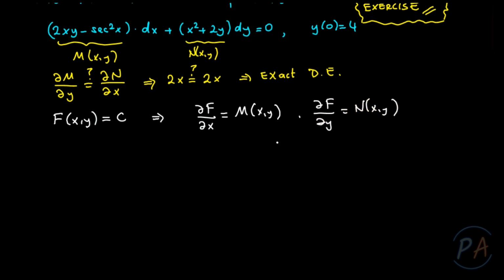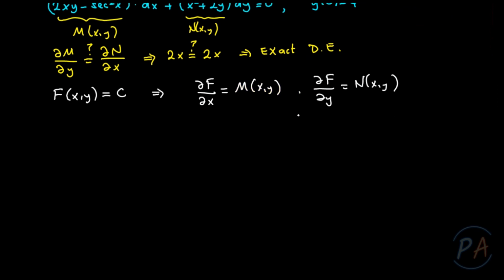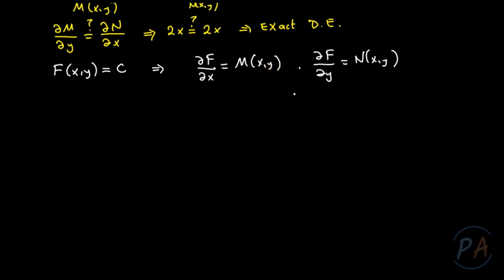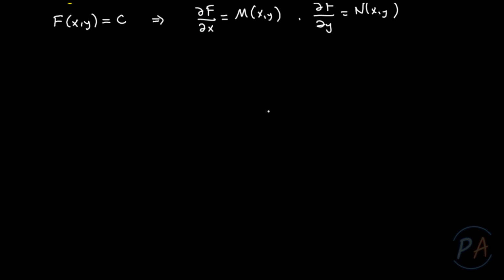So now I will choose one of these equalities as a starting point. In this video I have chosen the partial derivative of f with respect to x equals M(x,y) as the starting point.